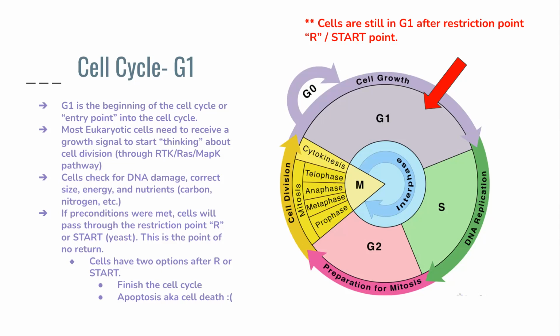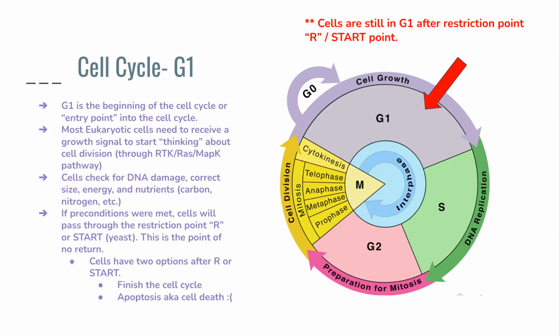It tells them to start checking the requirements to see if the cell can proceed through the cell cycle. These requirements include checking for DNA damage, correct size, energy and nutrient content, such as carbon and nitrogen, which are really important for example for nucleotide formation.